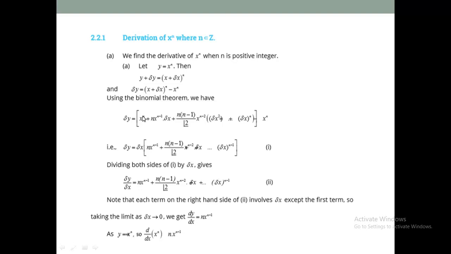We note that the power of x reduces by 1, and the power of delta x, here delta x power 0 is equal to 1, and then delta x square. At the end we have delta x raised to power n.